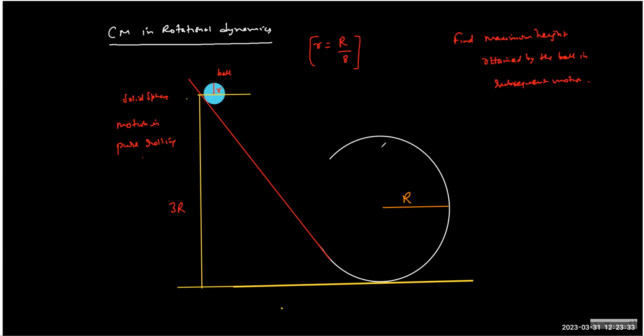Again, the same thing will happen. You know what will happen? The ball will leave the track somewhere and will move like this. So I'm looking for this height, the maximum height attained by the CM of the ball.